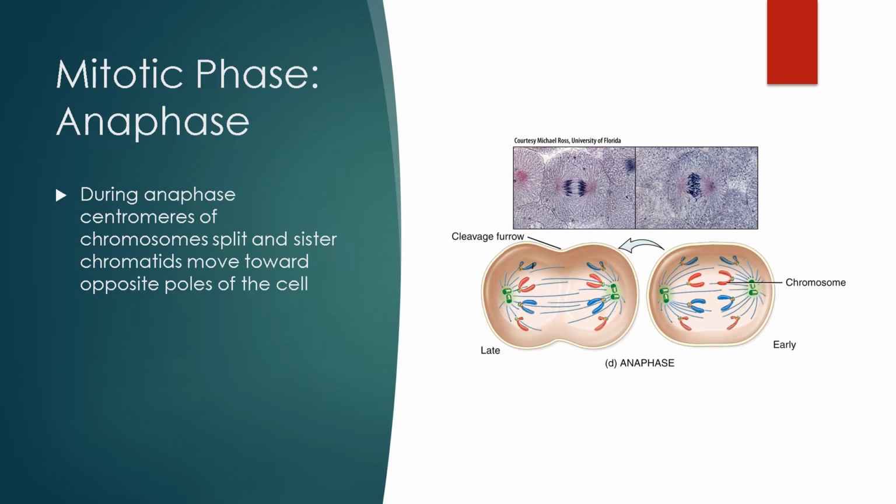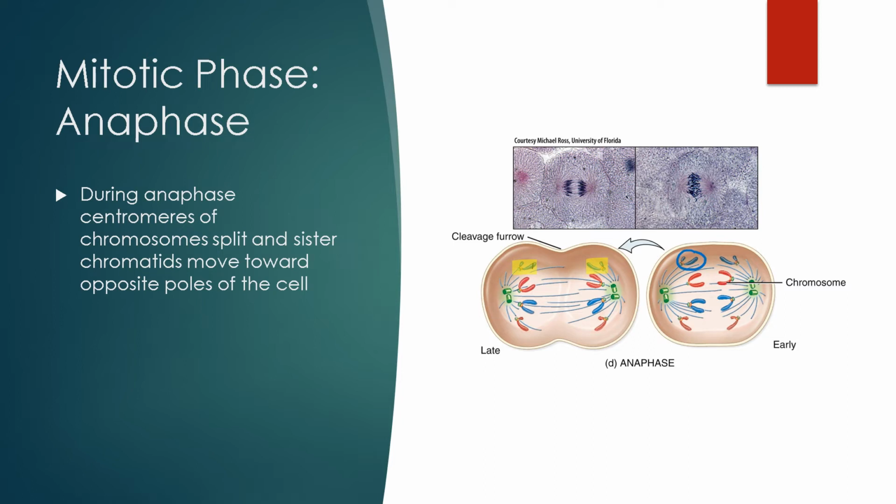Now during anaphase, the centromeres are going to split, separating the 2 members of each chromatid pair. So you see you have one chromatid here and one chromatid here. They're going to be pulled to opposite poles of the cell. Now once they are separated, the chromatids are actually now each individually called chromosomes.